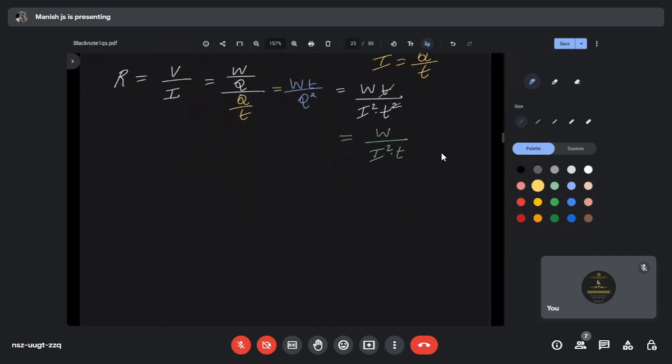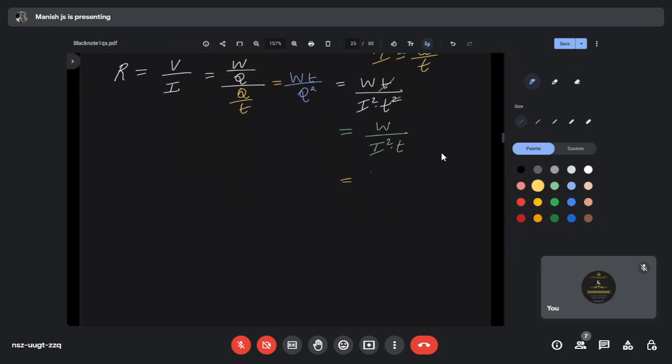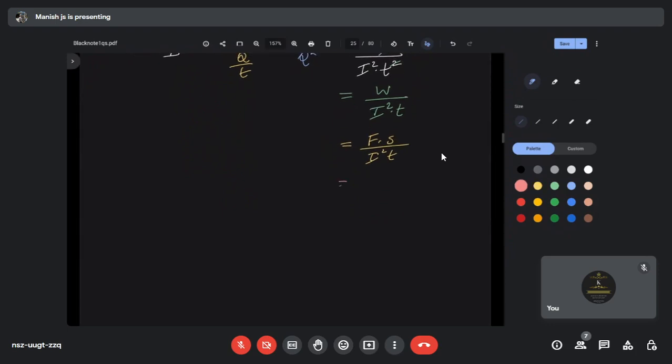Now coming to the dimensional expression of work done. Work can be expressed as force into displacement, F into S, divided by I square into T. Force has dimensions M L T power minus 2.